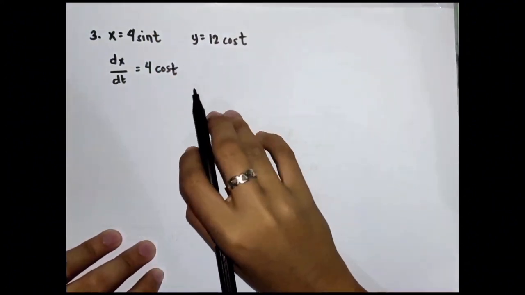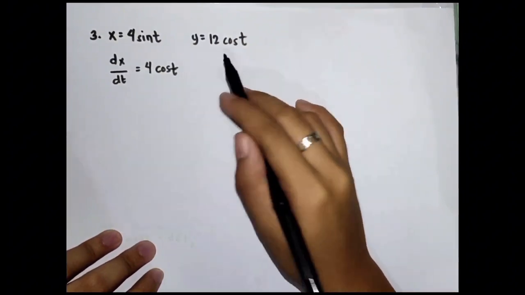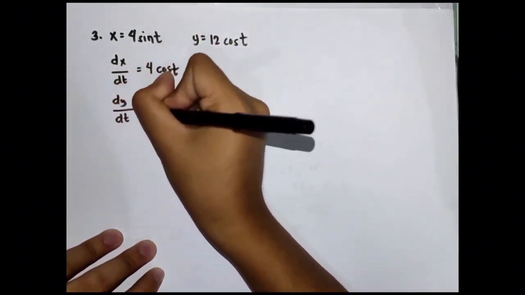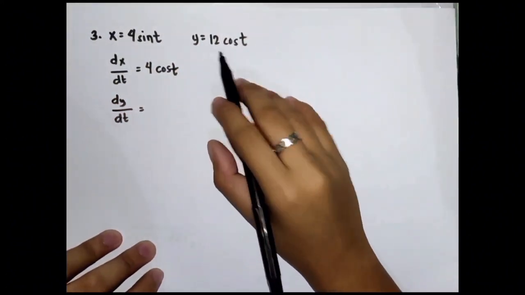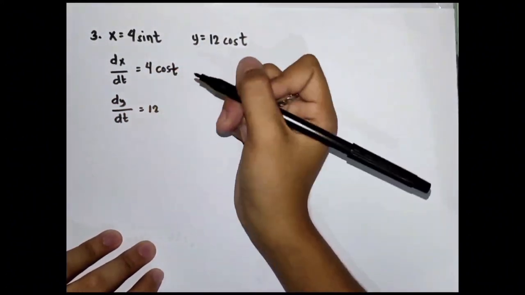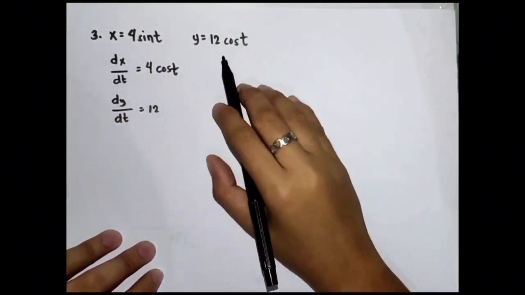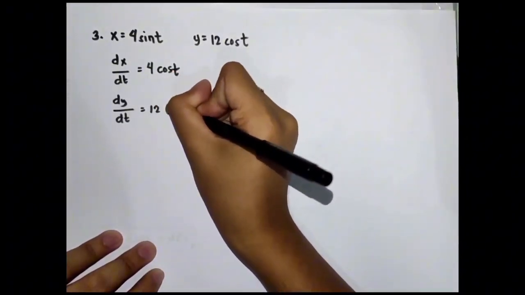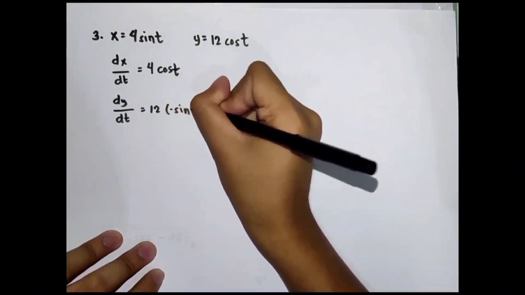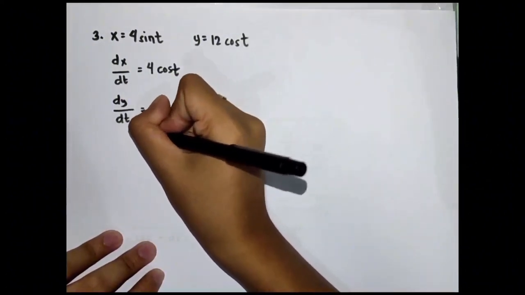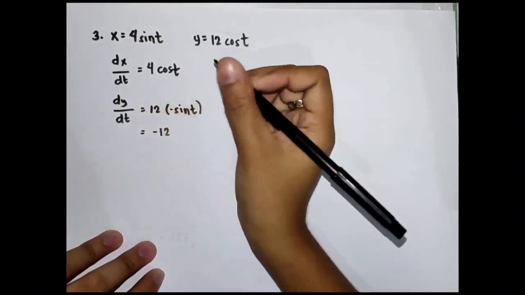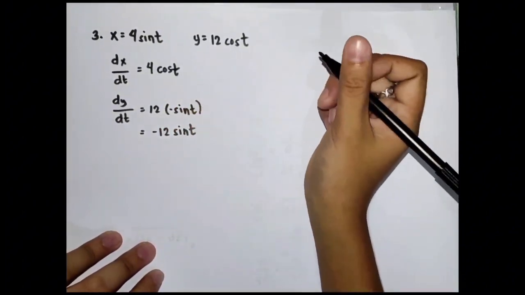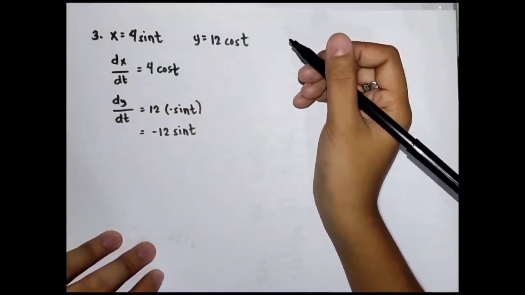Now, let's move on to our y. Copy 12, then find the derivative of cos, which is negative sine, then copy t. Next, multiply 12 to negative sine t equals negative 12 sine t.